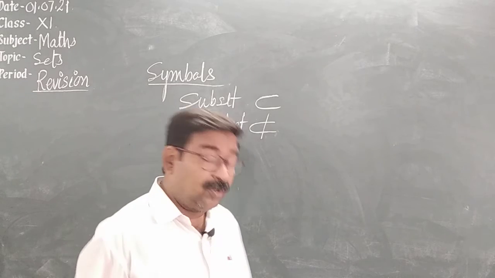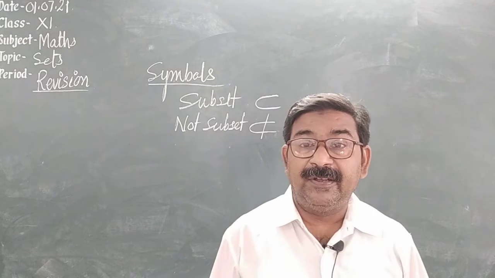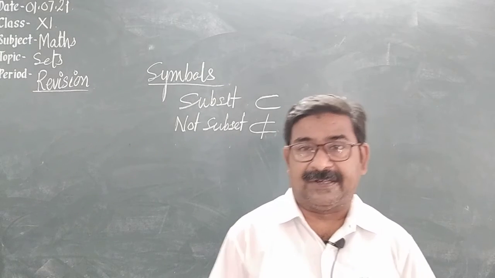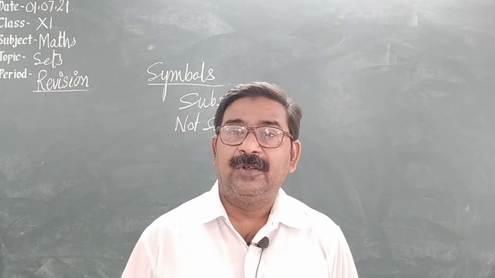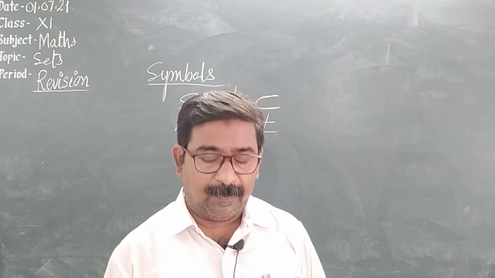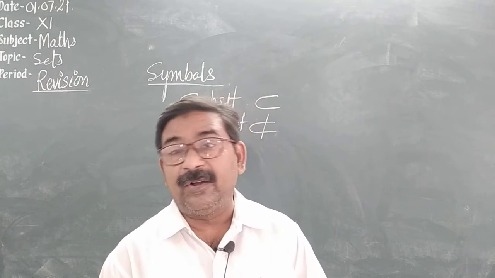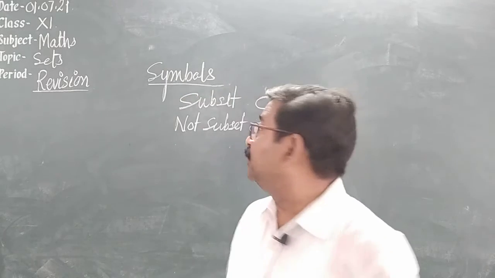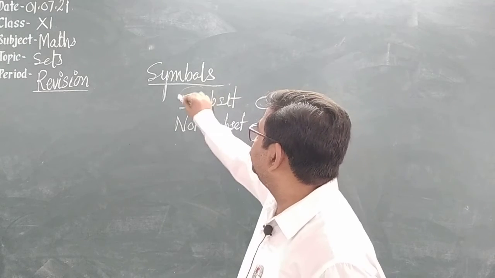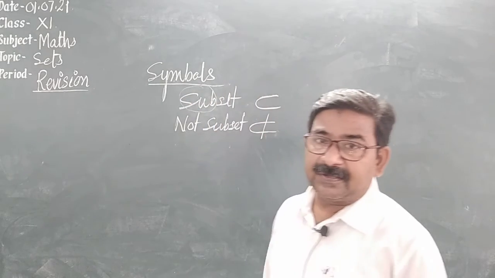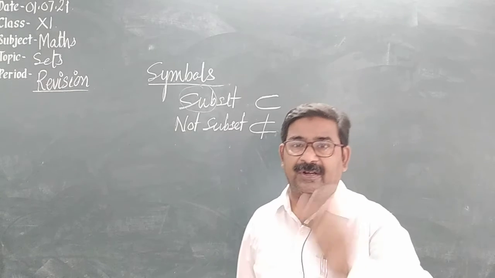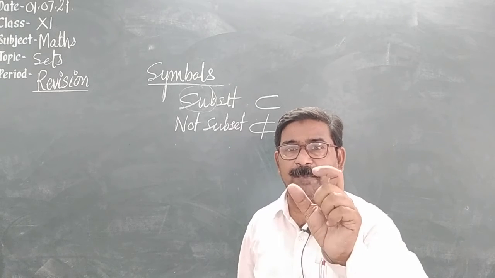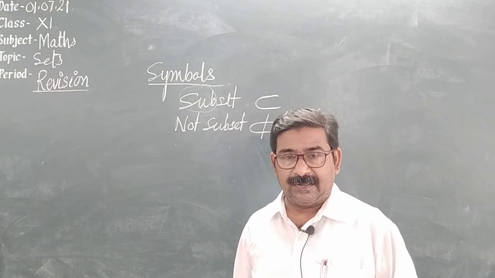First of all we must discuss the subset, and after that we shall discuss the symbol. What is the meaning of subset? The word sub means a part, junior. Sub means a part of the set.